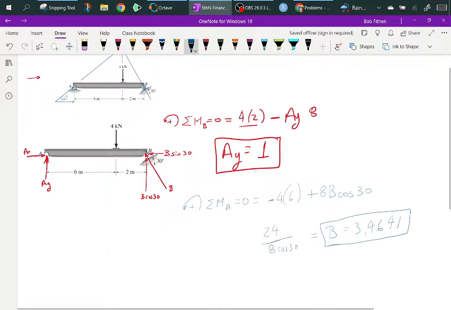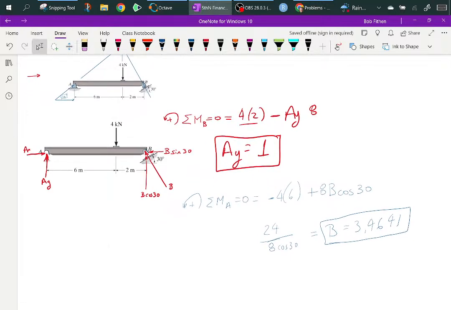Okay. Now, let's do something very interesting. I found both these from summing the moments. Let me just do this now. Sum of the forces in the y direction equals 0. We'll call that being positive. So I'll first take this one, then I'll take this one, and then I'll take that one.